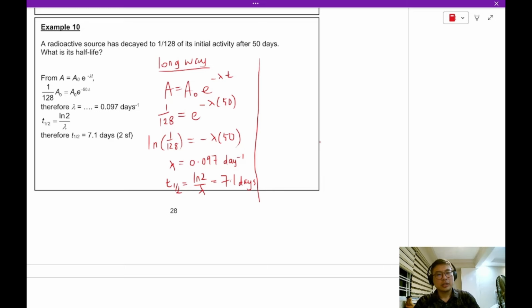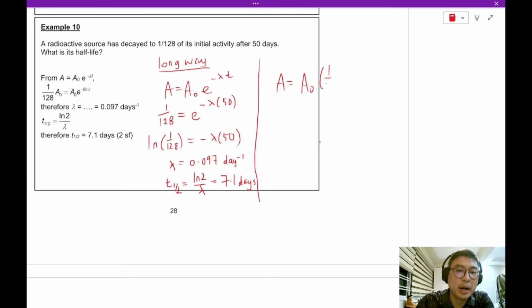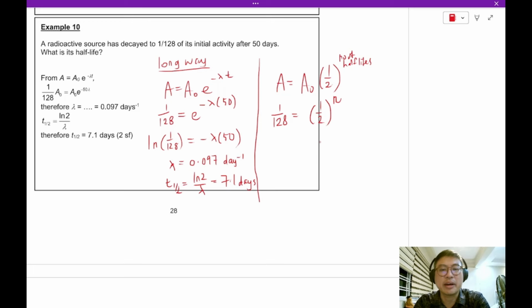There's another short way of doing it, which is to use the other equation: A equals A0 multiplied by half to the power of the number of half-lives. So let's try this. The activity level is 1 over 128, which is half to the power of the number of half-lives.